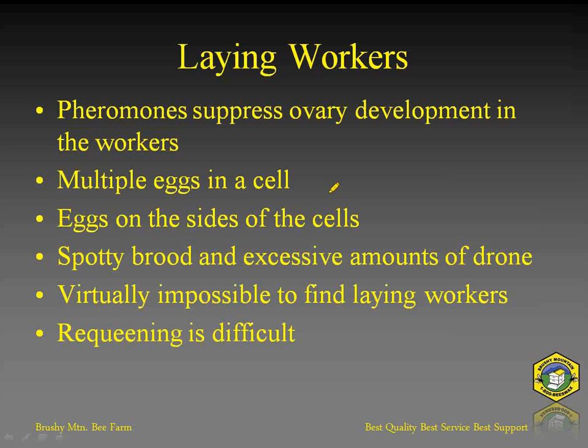So what do you do in these cases? I've tried several different things over the years, and basically I've resorted to just saying, okay, this colony is going to be lost. I'm going to combine it with another one. But if you don't want to throw in the towel just yet, there are some things you can do.